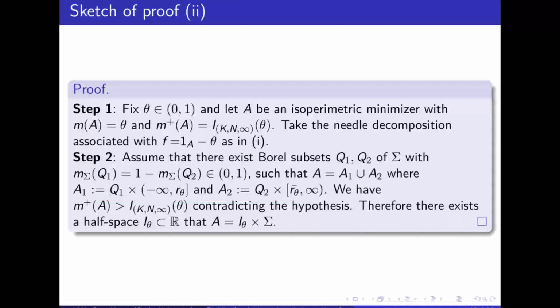By recalculating the Minkowski boundary, we found that there is a contradiction since the boundary measure becomes too large. Hence, all the needles have the same direction in the isoperimetric minimizer, and it must have the shape of a half space in the sense of a product of a one-dimensional half space with a submanifold.